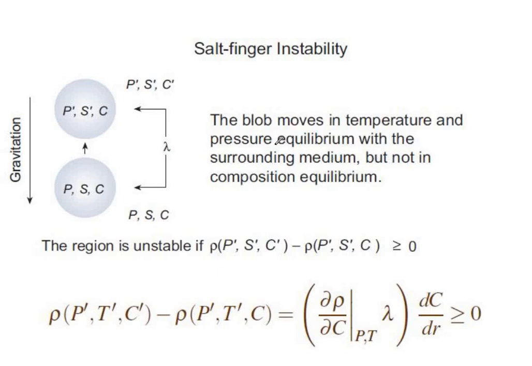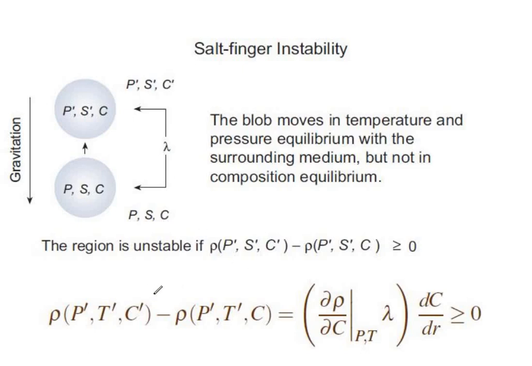Now the condition for the instability, what is this? Here you can see this is the condition. You compare the two compositions, then only you can say the blob moves in temperature and pressure equilibrium. So this means both have the same values as the surrounding medium, but not in composition equilibrium. This is why the blob's composition is not the same as the surrounding composition.